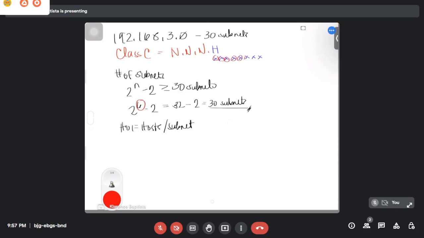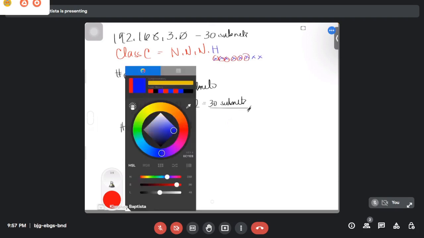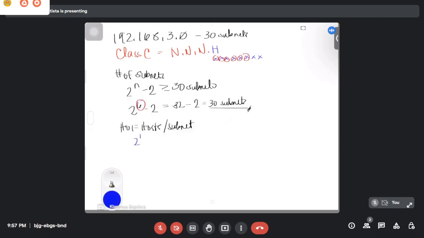No? For the left, diba? And then we get the host per subnet is 2 raised to h minus 2 is equals to 2 raised to, ilan yung natira? Dalawa. Minus 2 is 4 minus 2 is 2. Okay, 2 hosts per subnet.